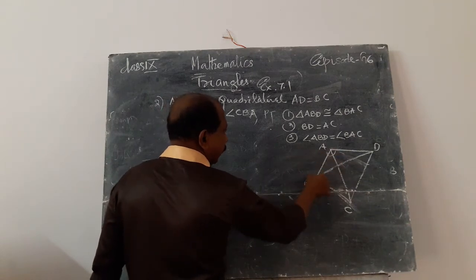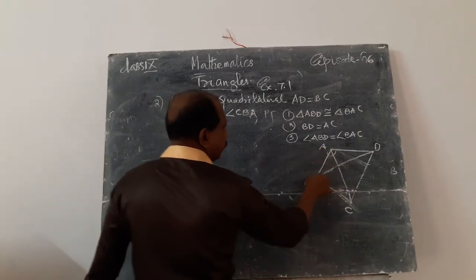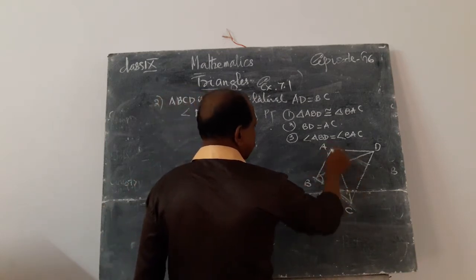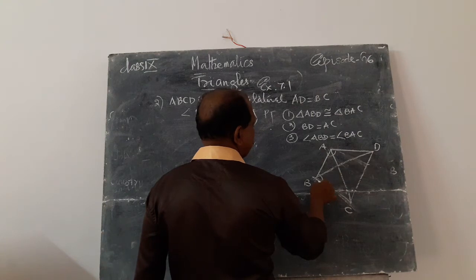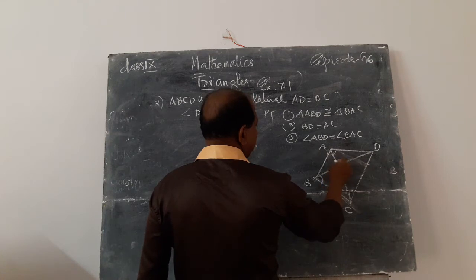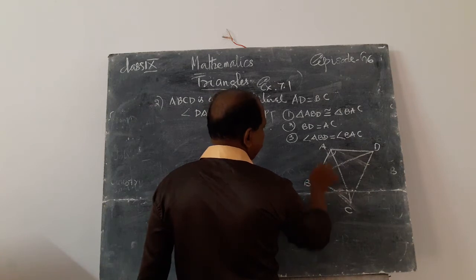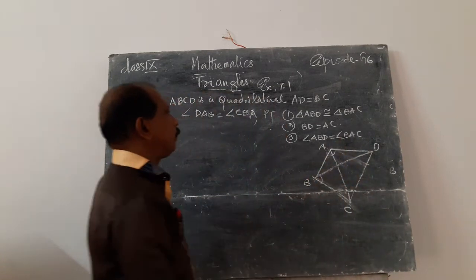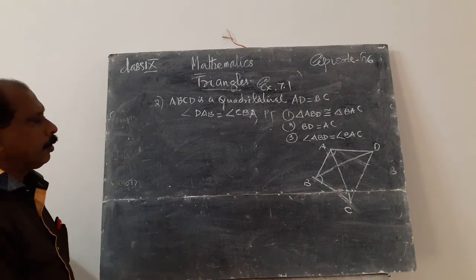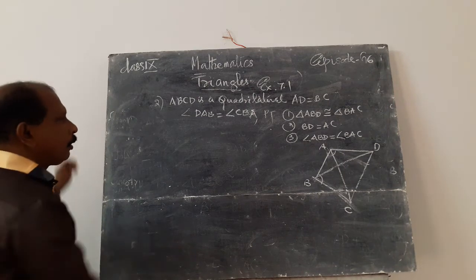That means this is triangle ABD, and this is triangle BAC, the downward triangle. These are congruent. AD is equal to BC, that is given. That means the answer.